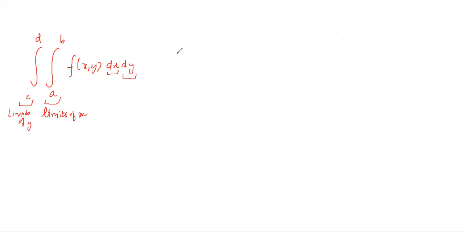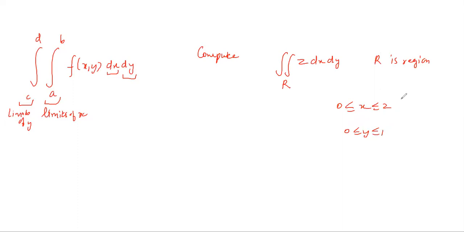Let's just do one question, so it will be very clear to you how we have to solve this. Compute this integral of z dx dy over R, where R is the region where x lies from 0 to 2 and y lies from 0 to 1 in the xy plane.